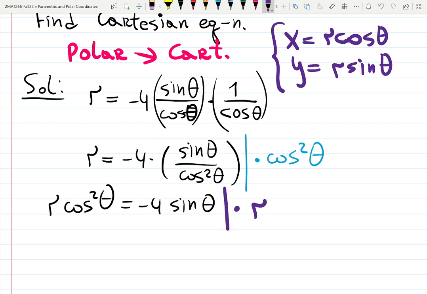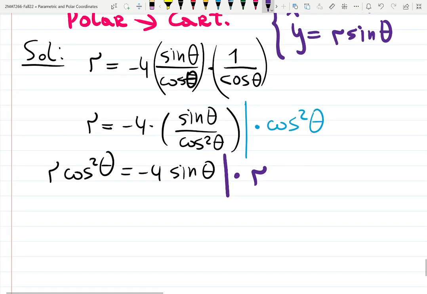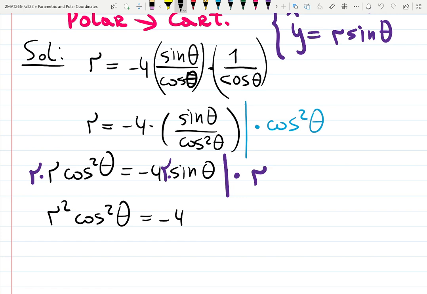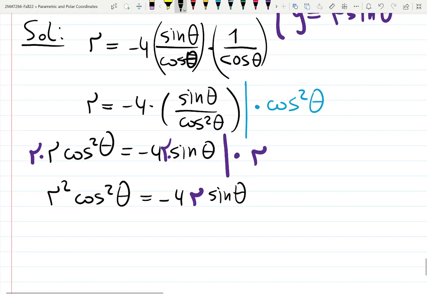Multiplied by r both sides, left-hand side and right-hand side, like so. Then it becomes r squared cosine squared theta equals -4, and I'll put in purple, r sine theta. That's what we have now.